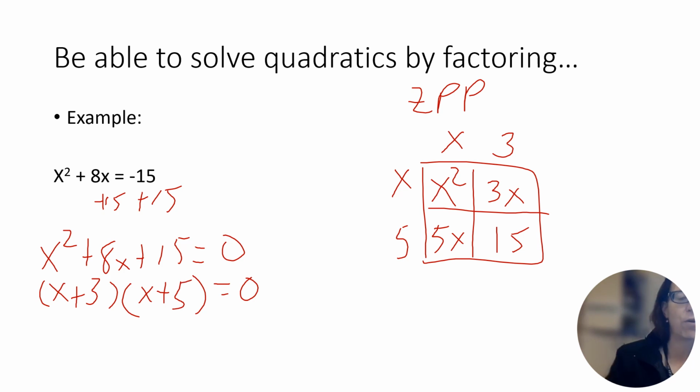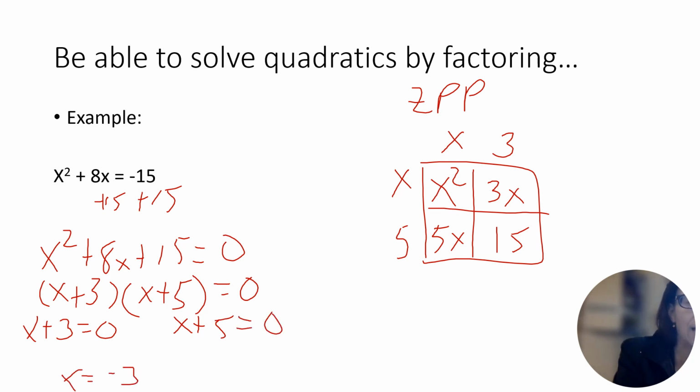Now here's how the zero product property works. If you have two things and they are multiplied together and the product is 0, then what must be true is either the first factor is equal to 0 or the second factor is equal to 0. You are okay with jumping straight to x is -3 and x is -5.